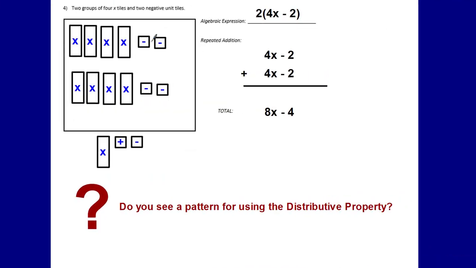Does it work when you have negative units? Well, I want 2 groups of the 4x, so 2 times the 4x's gives us 8x's, and 2 times the negative 2, positive times the negative, will give us the negative 4. Okay, so that's our pattern, and this is what we call our distributive property.